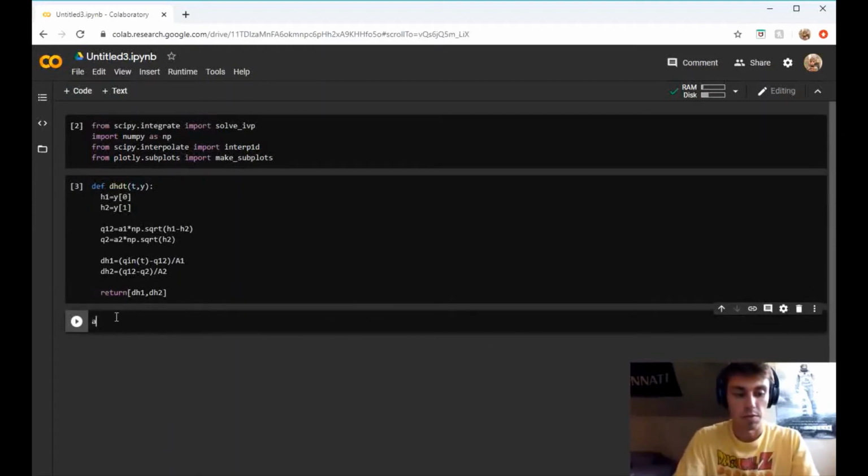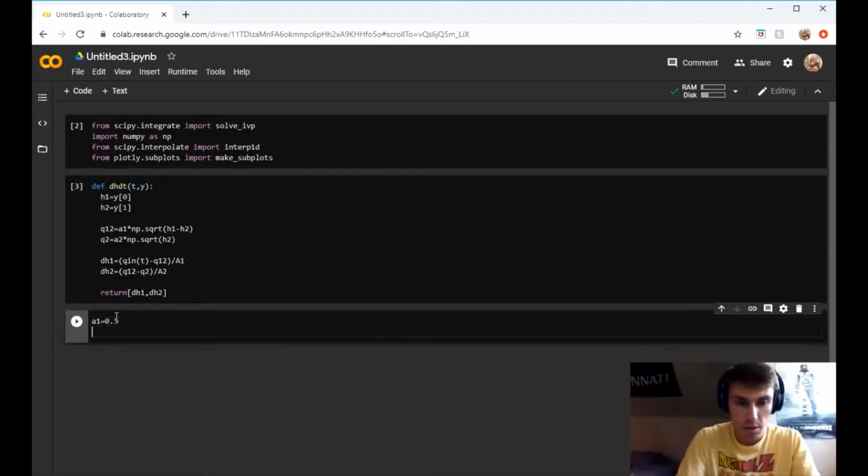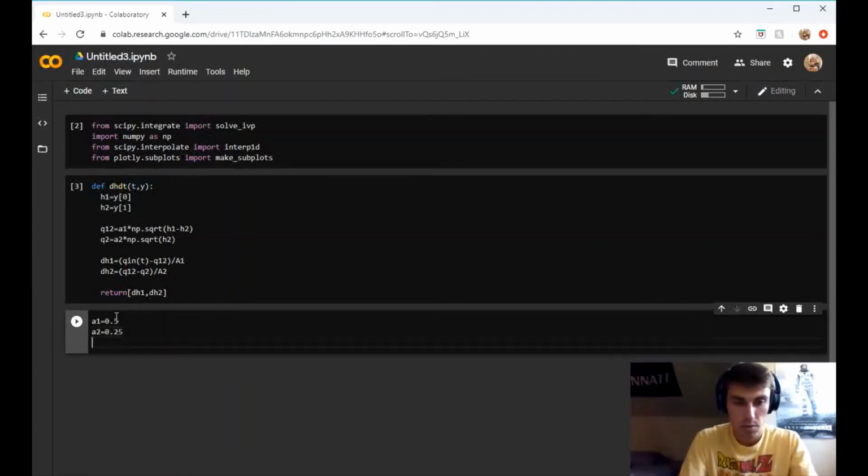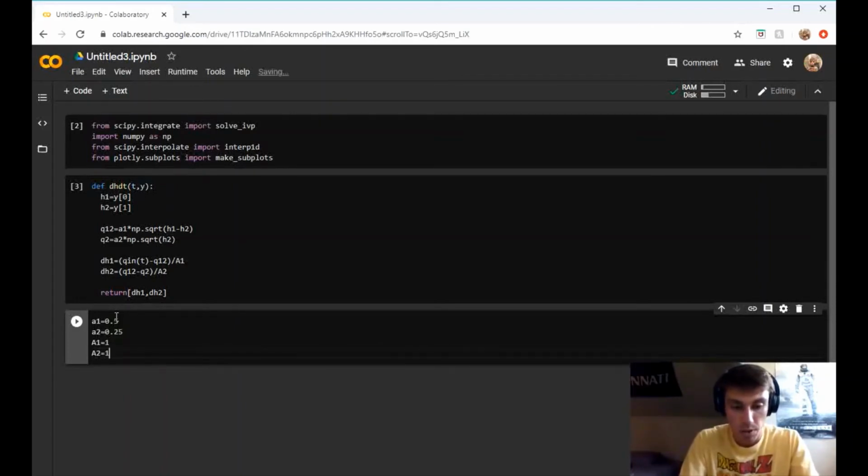Now we can plug in our variables. So alpha 1 is 0.5. Alpha 2 is equal to 0.25. The cross-sectional area of tank 1 is equal to 1. And the cross-sectional area of tank 2 is equal to 1.5.